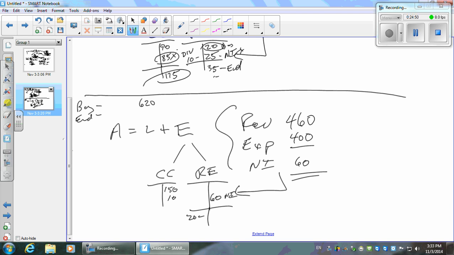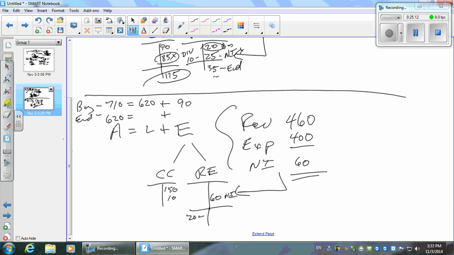Assets at the beginning are 710, correct? And at the end, 620. Okay, so can we solve anything now? What's equity at the beginning? 90.